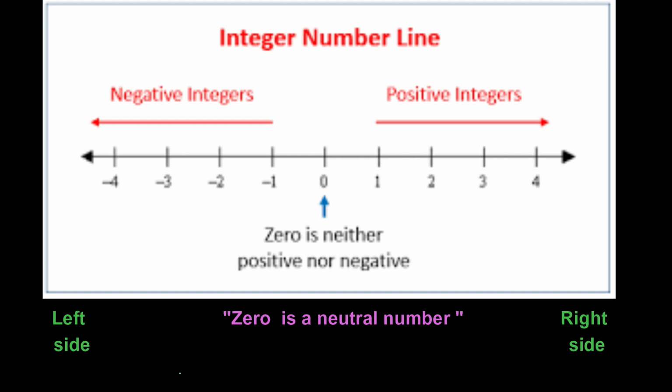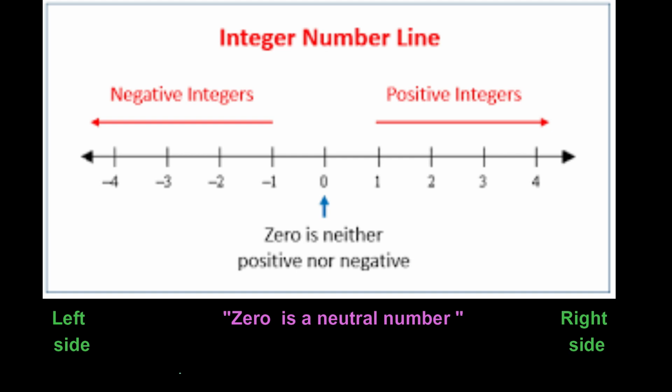Now there are certain rules to add and subtract integers and to show them on a number line. First of all, I am going to explain two rules for addition. When we add a positive integer, we move towards the right side of the number line. When we add a negative integer, we move towards the left side of the number line.